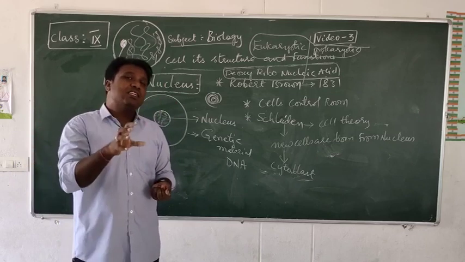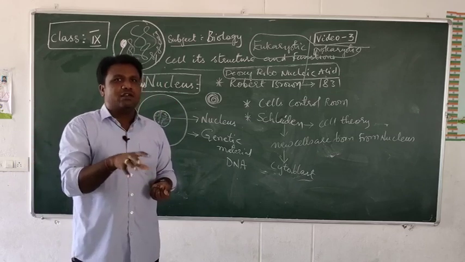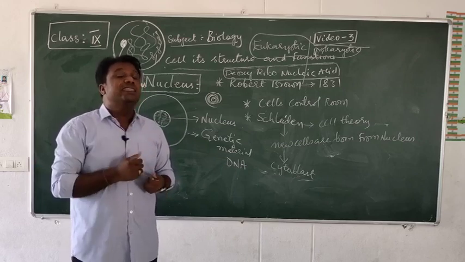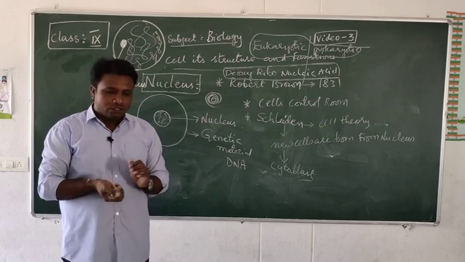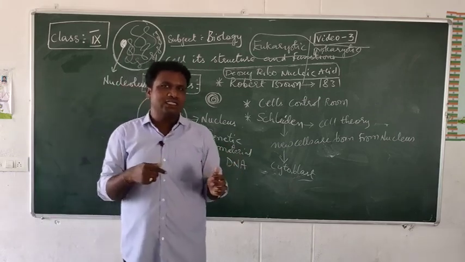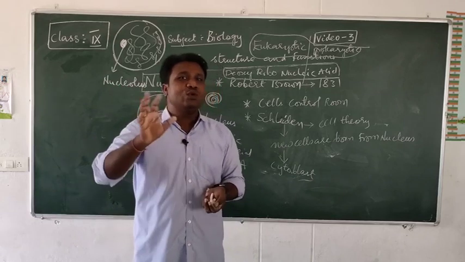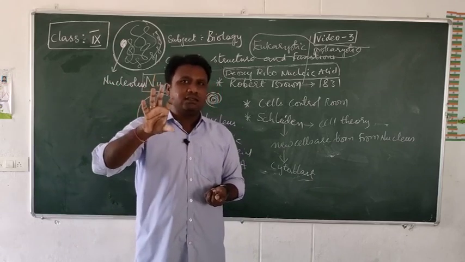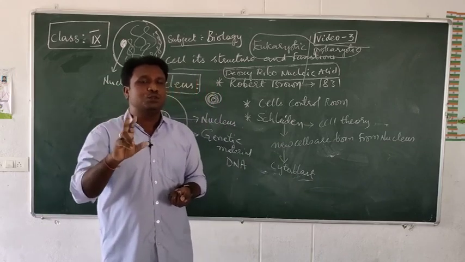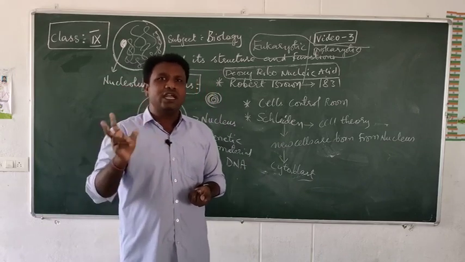And if the nucleus with a nuclear membrane is absent, then it is called prokaryotes. So before I start about the nucleus, I told you that based on the presence of nucleus, the organisms are categorized into two types: eukaryotes and prokaryotes.